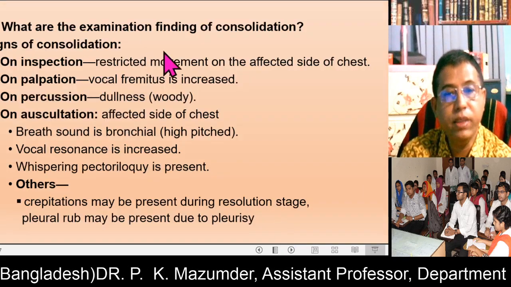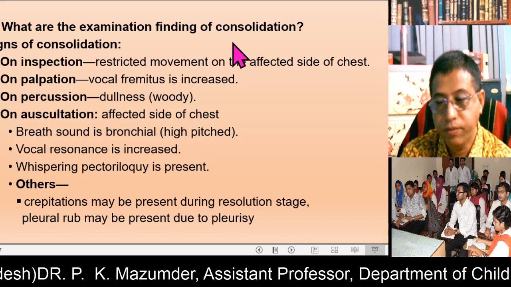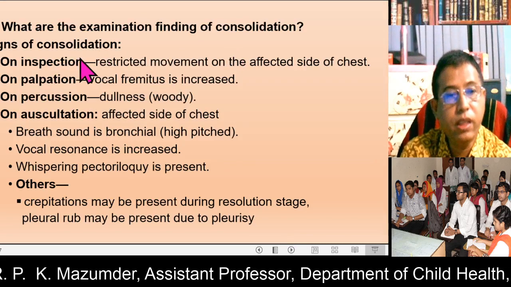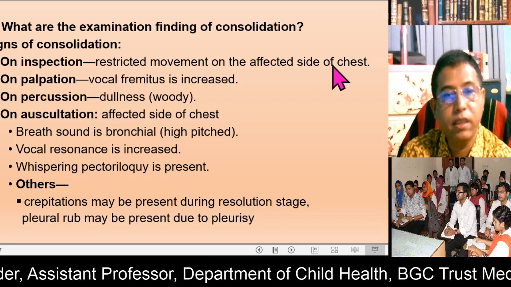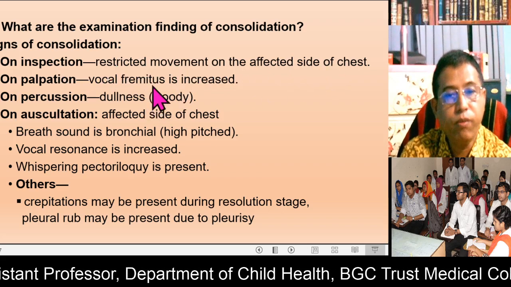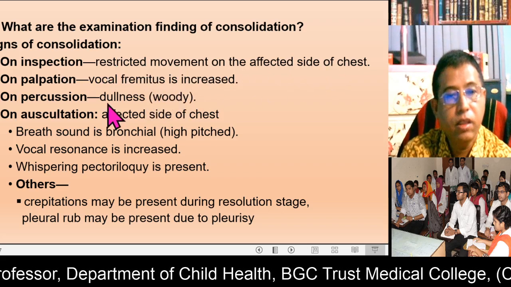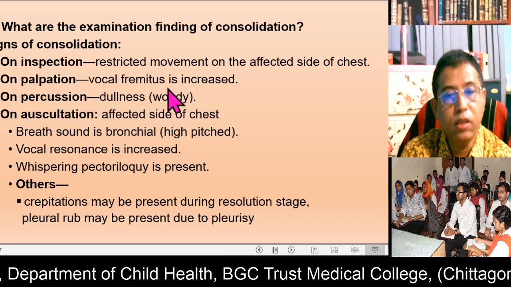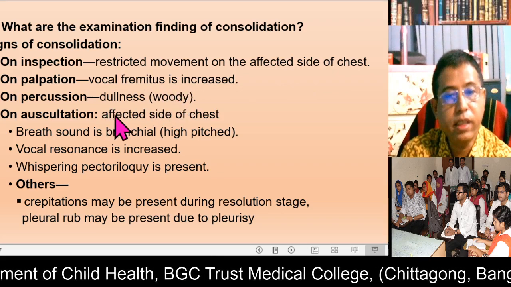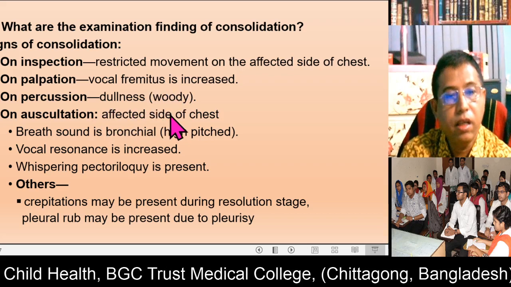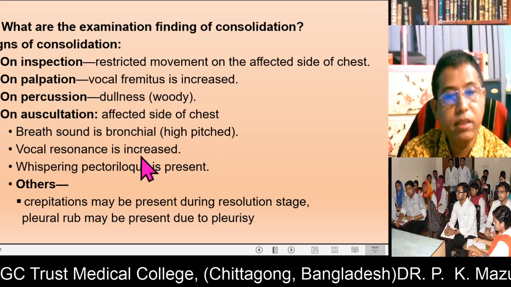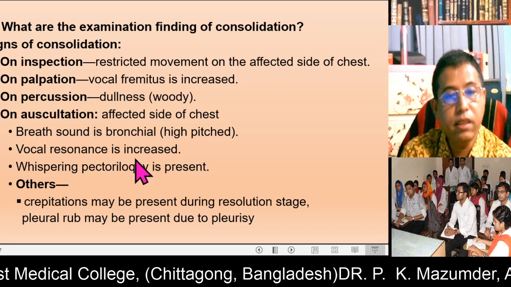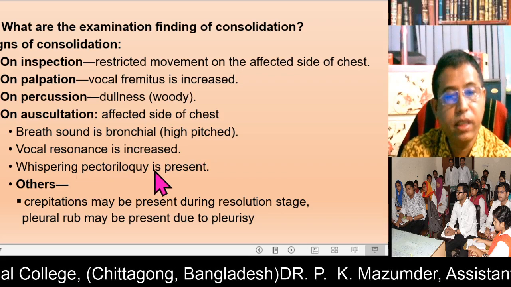Now, what are the examination findings of consolidation? Signs of consolidation: on inspection, restricted movement on the affected side of the chest; on palpation, vocal fremitus is increased; on percussion, dullness, that is woody dullness; on auscultation, the affected side of the chest shows bronchial breath sound, that is high pitched; vocal resonance is increased; whispering pectoriloquy is present.